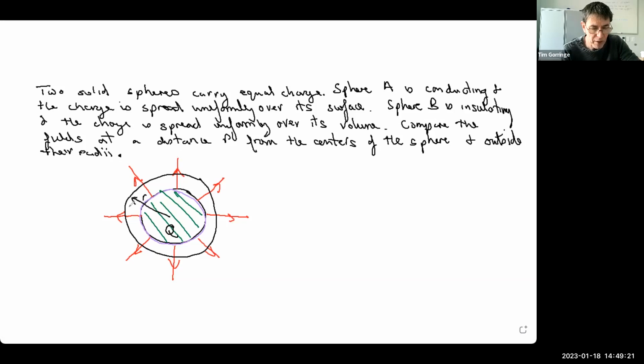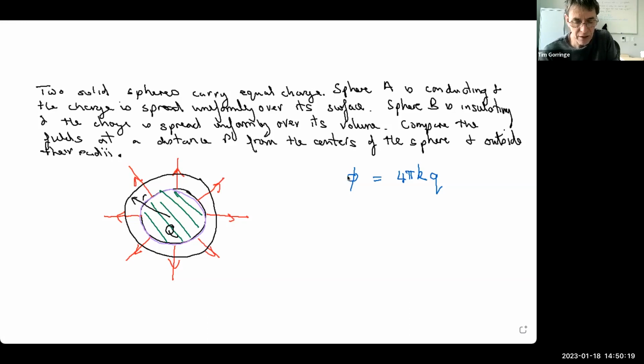And what we're going to do is apply Gauss's flux law to this spherical surface in which the charge distribution resides. And in that way, we're going to figure out an expression for the electrical field for the conducting or the insulating sphere. So let me write down now Gauss's flux law. Here's Gauss's flux law.